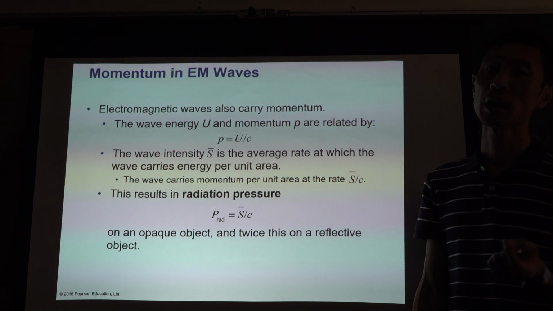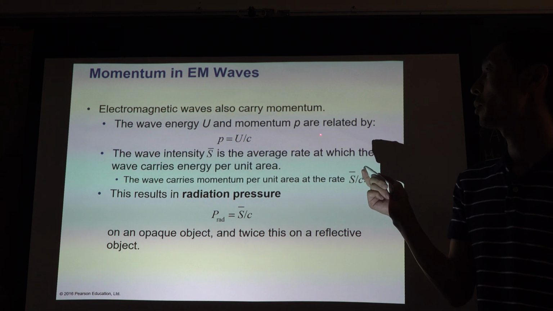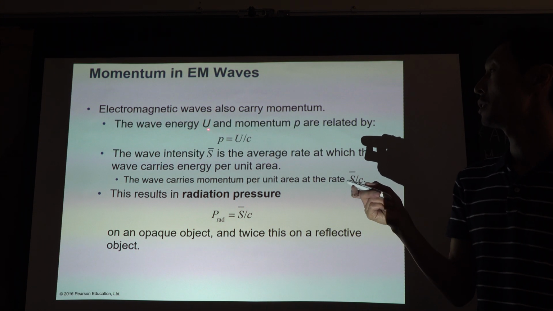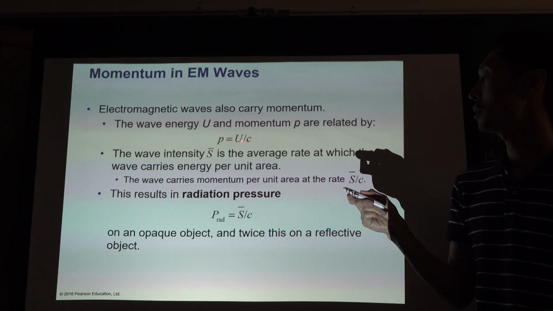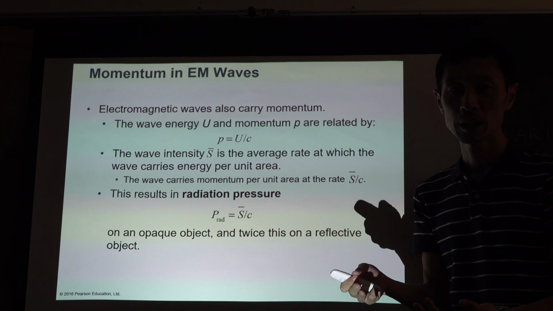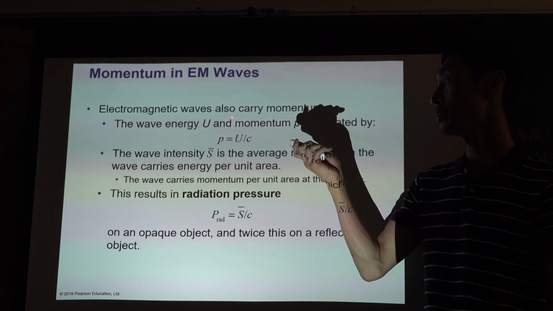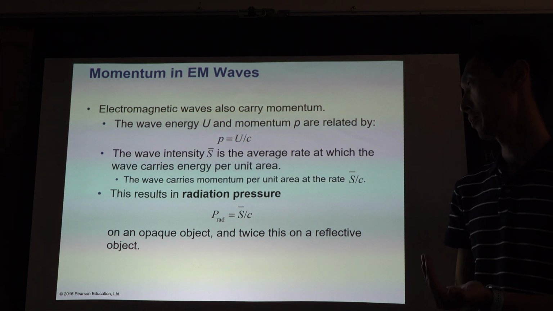Then, if there's energy, there's also momentum too. Electromagnetic waves also carry momentum. If the wave energy is U, then momentum P is obtained by dividing by C, because the velocity is the speed of light. So U divided by C gives you the momentum.